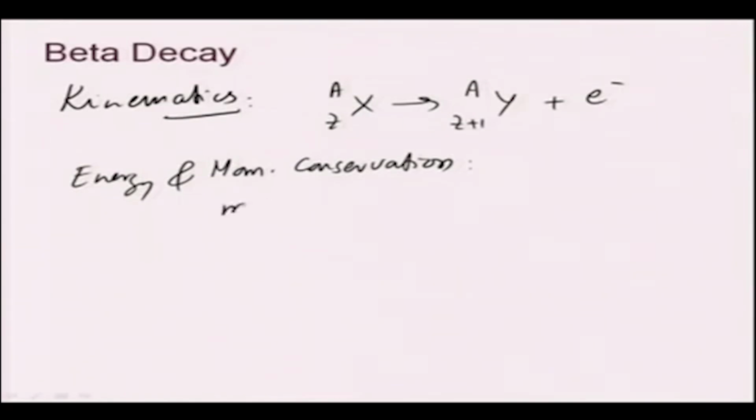So, we can actually have the energy conservation: m_x c square. Let us consider the rest frame of x, which means that nucleus x is at rest, so it is only having the energy equivalent of the mass as its energy, no kinetic energy. m_y c square plus m_e c square are the mass energies of the y nucleus and electron respectively.